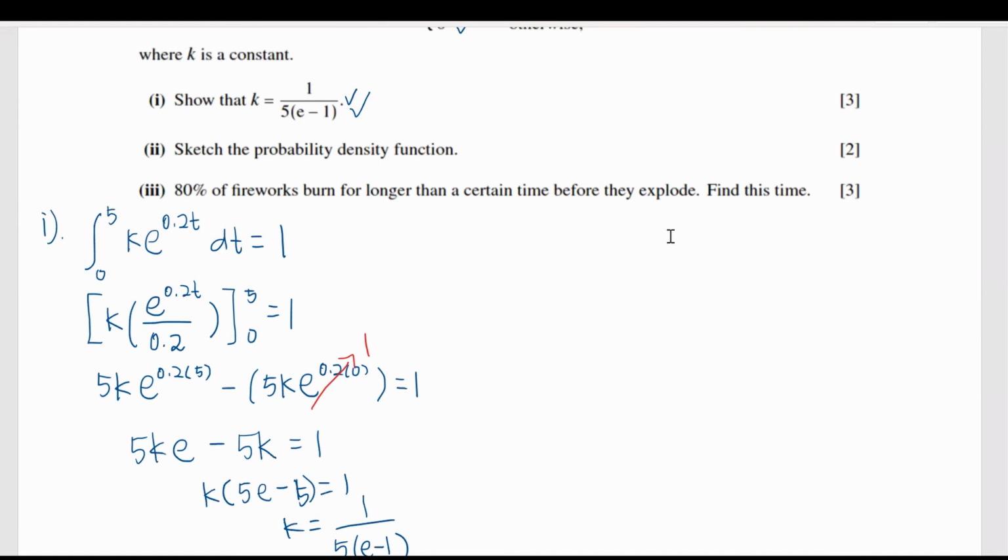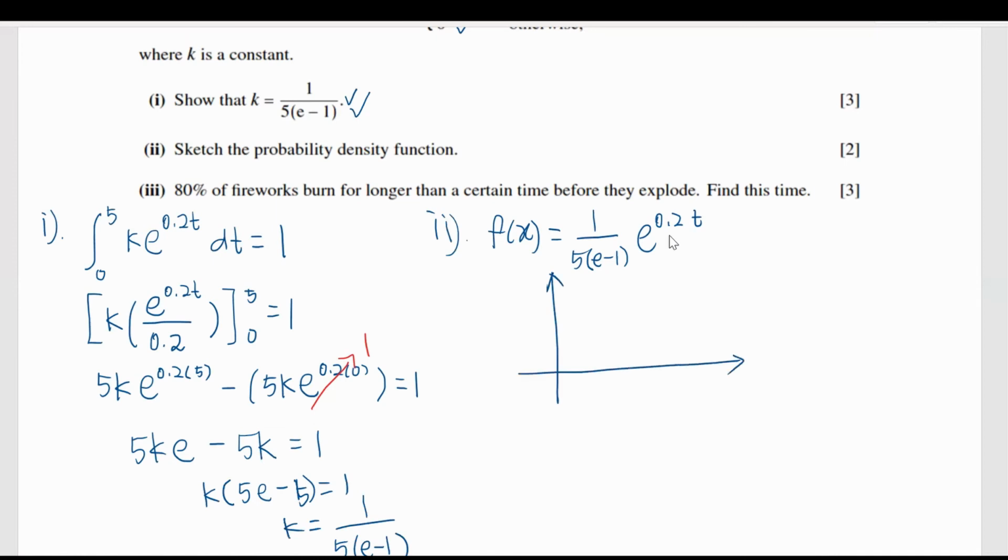Now, part 2, we are going to sketch the exponential functions, right? So the fx looks like this, where the k is this, and then e to power 0.2 t. Okay, so what is exponential functions?